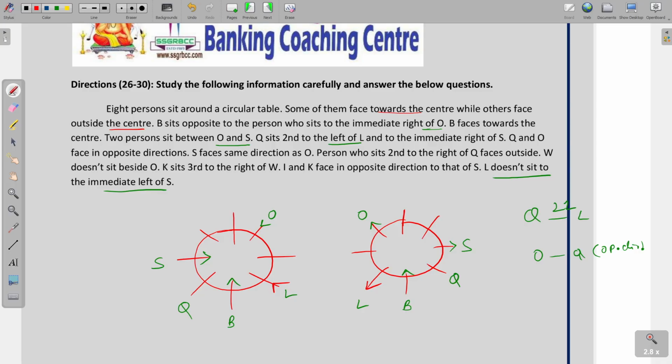And next, S faces the same direction as O. Person who sits second to the right of Q. So, second to the right of Q faces outside. Okay, second to the right of Q. Second to the right of Q faces outside.